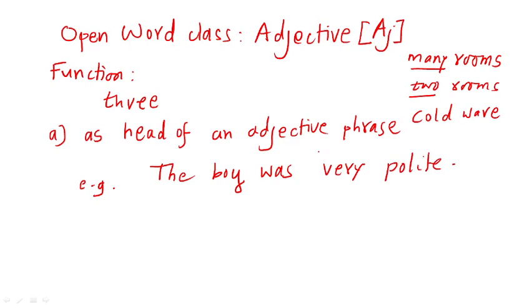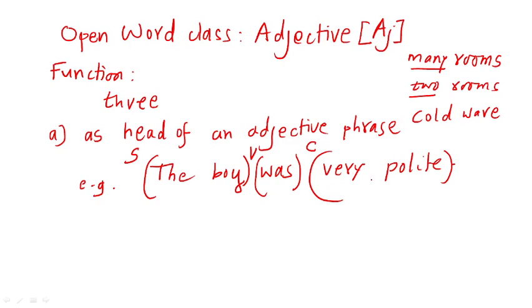Now if we try to understand the basic pattern of this sentence, you get subject, verb or predicate, and here you have a complement.